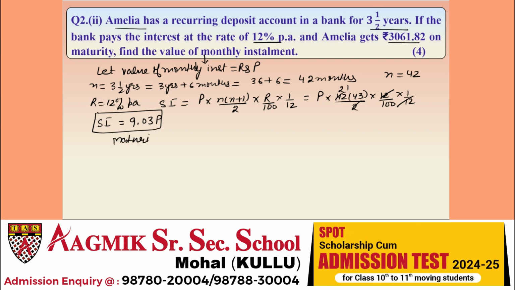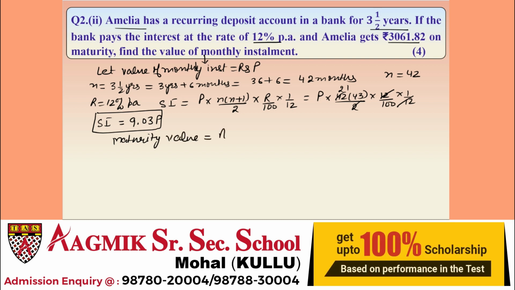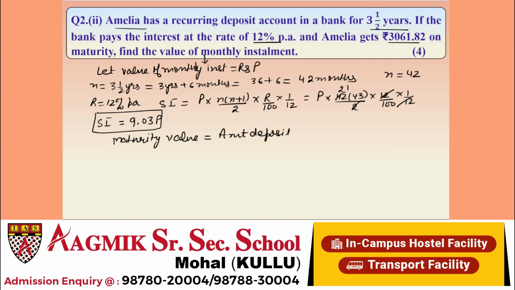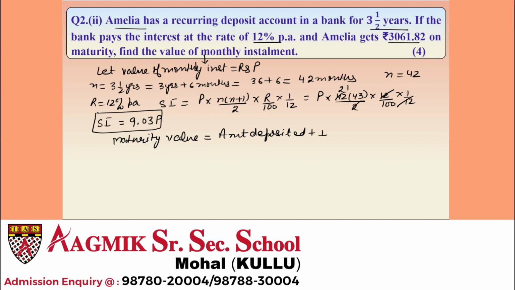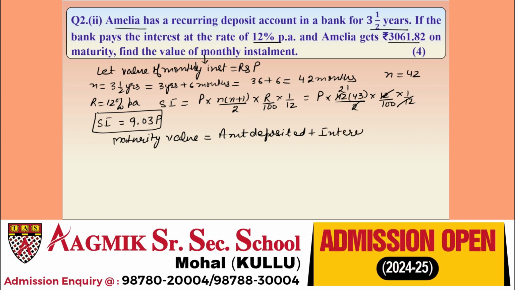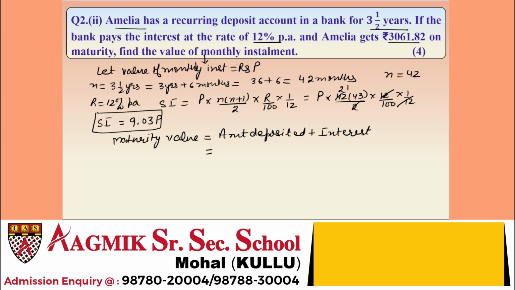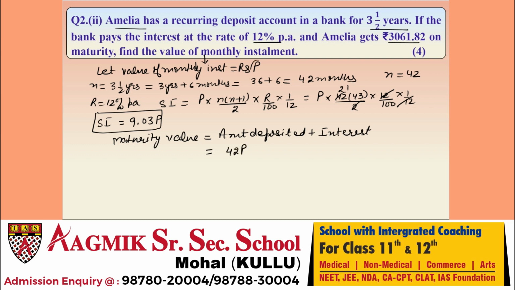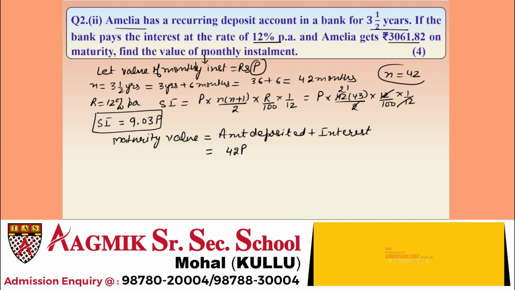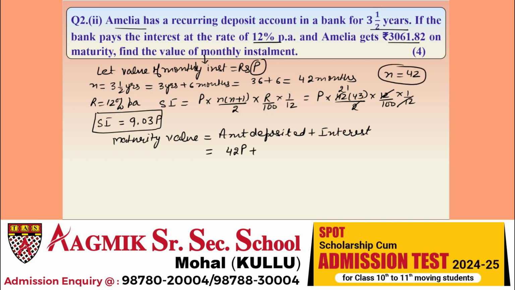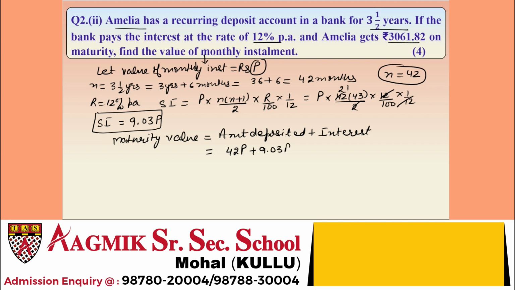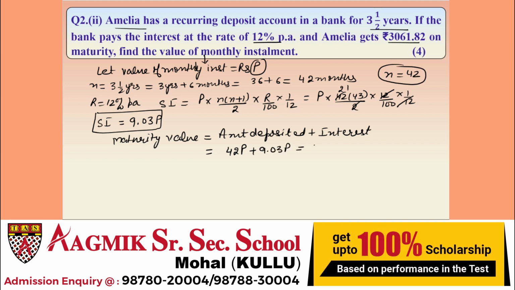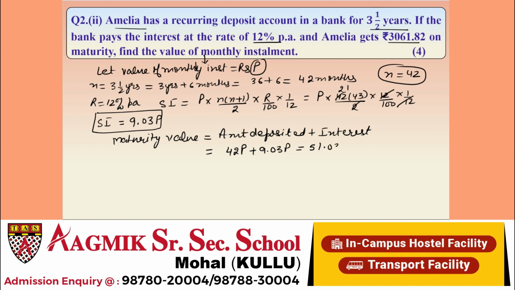Alright. Now let us see what is the maturity value. The maturity value will be equal to your amount deposited plus interest. Whatever amount you deposit, you add interest to it, that will give you the maturity value. So amount deposited is how much? This is equal to 42 times P, because monthly installment is P, and we have 42 months. And interest is 9.03P, and this sum will be equal to 51.03P.